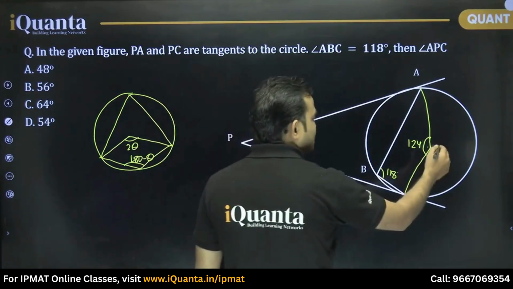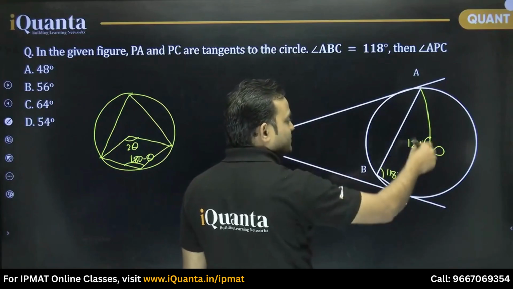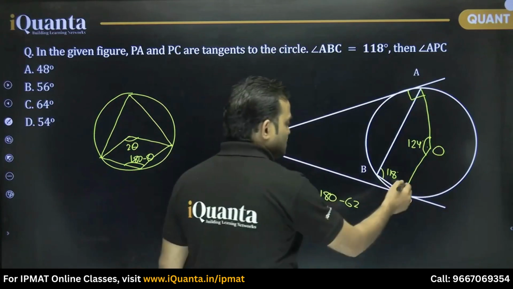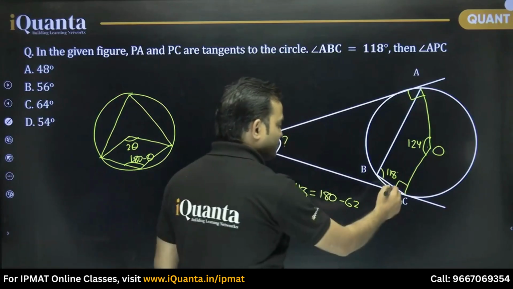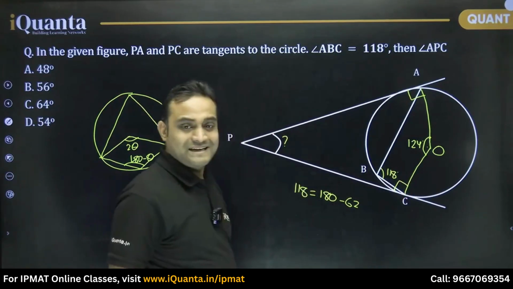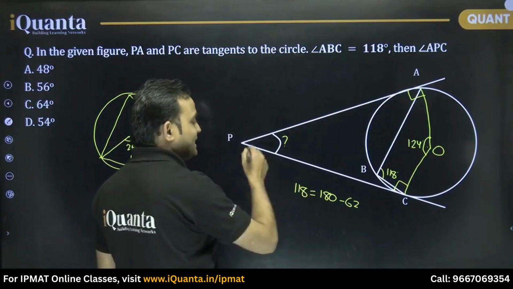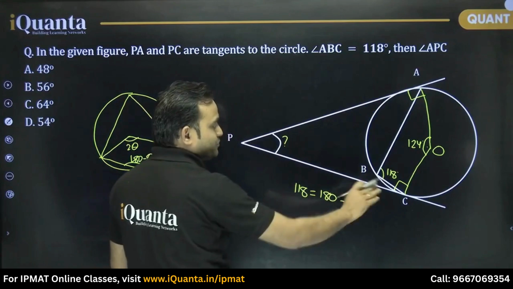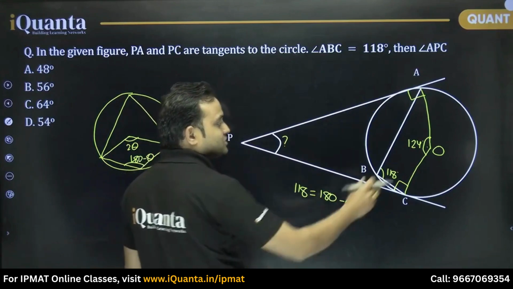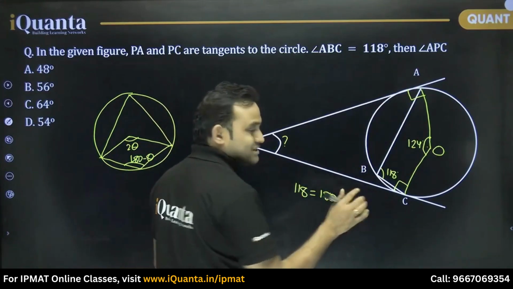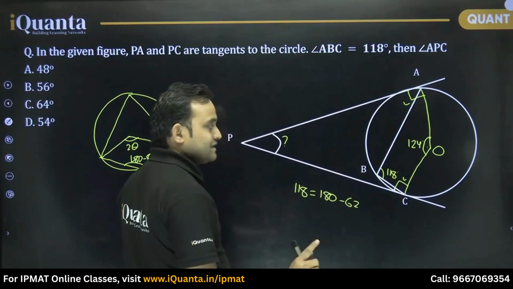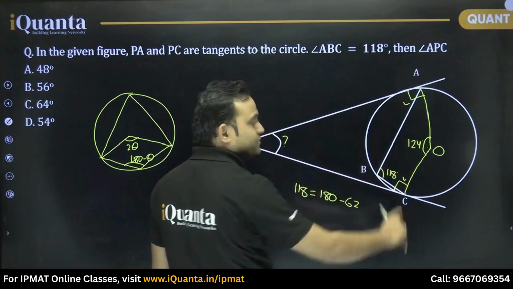Now if this is our center O, can we say OA will be the radius, and the radius is perpendicular to the tangent at the point of contact, so both of these angles will be 90 degrees. Now can we find angle APC? OAPC is a quadrilateral, with 90 degrees, 90 degrees, and this angle is 124 degrees.